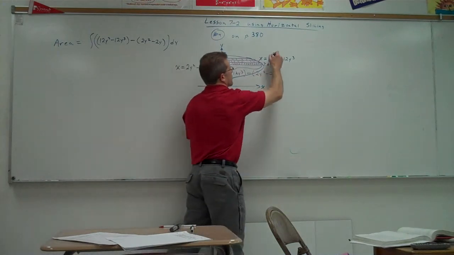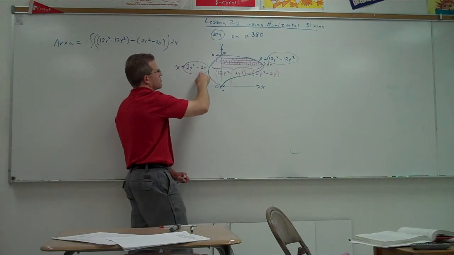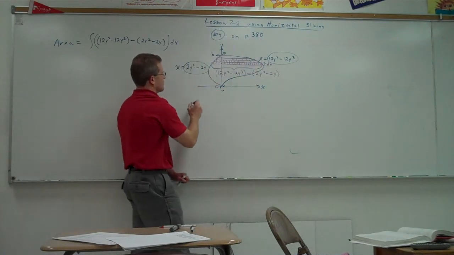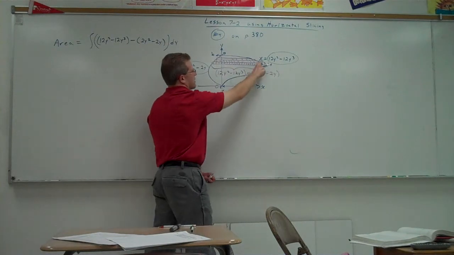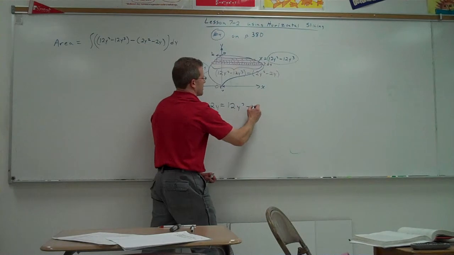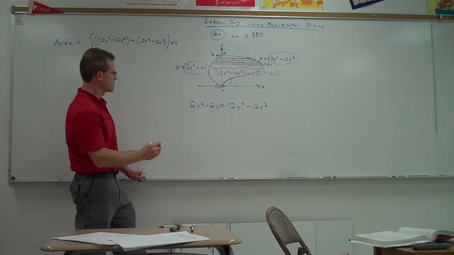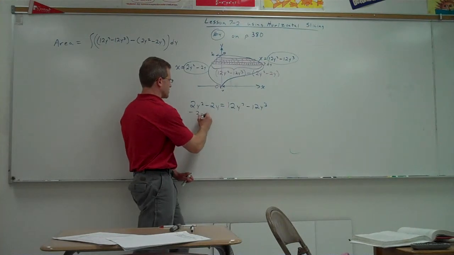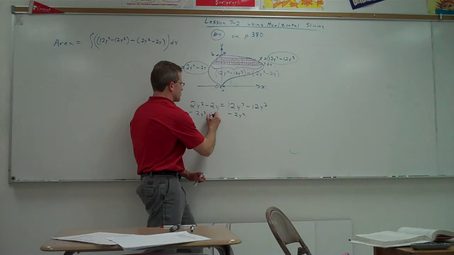Basically, these are both equal to x. So we can substitute 2y squared minus 2y in for x right here. That gives us 2y squared minus 2y equals 12y squared minus 12y cubed. Maybe subtract 2y squared off both sides and add 2y to both sides.